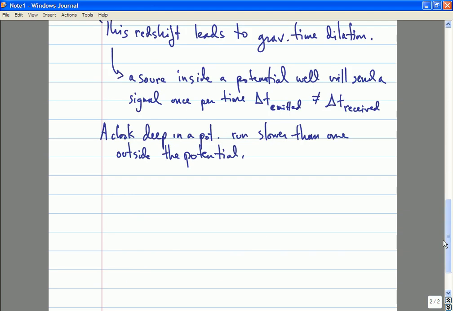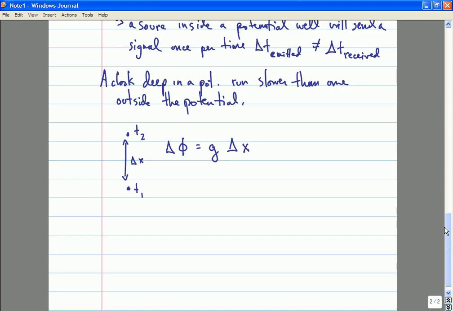So that, for example, if you have two clocks that are separated by a distance delta x, and you have a constant gravitational field which is pulling things down so that the potential phi, the difference in potential between those 2 points is g times delta x, then the time as measured by one of the clocks is related to the time as measured by the other clock by this same formula that we gave up above for the gravitational redshift.